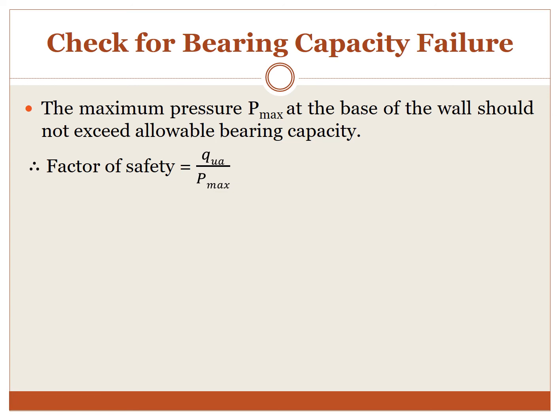The factor of safety is determined by this equation, where Q is the allowable bearing capacity and P max is the maximum pressure. For no bearing capacity failure, a factor of safety of 3 is usually specified, provided the settlement is also within the allowable limit or permissible tolerable limit.